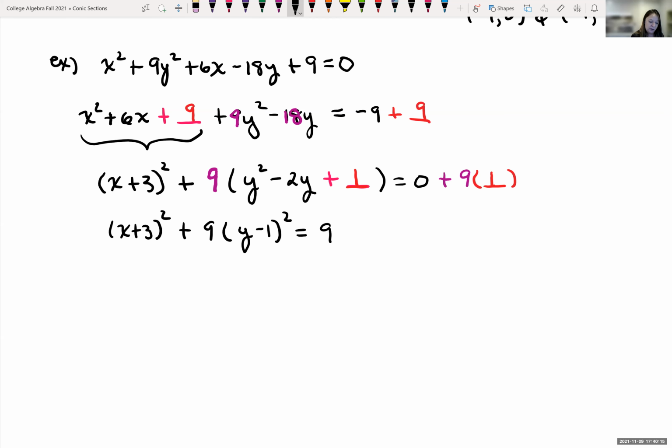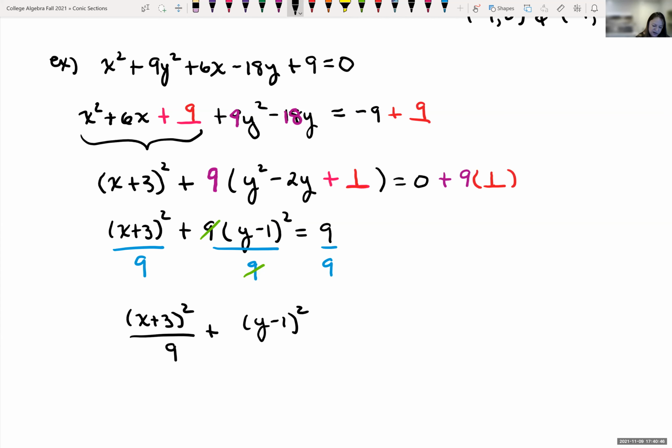So we can make that equal to 1 by dividing every single term by this 9 on both sides of the equation. So doing that, this gives me x plus 3 quantity squared all over 9 plus, notice the 9s cancel right here, y minus 1 quantity squared, I'm going to just put it over 1, equals 1.